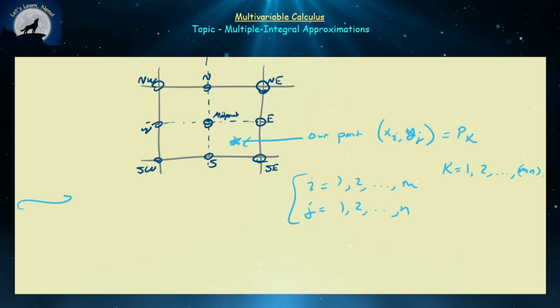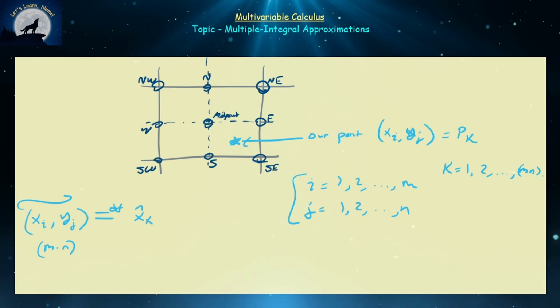So in terms of notation, let's assume that xi, yj is defined as a vector. Let's call it x hat k, so that's going to be representing some vector. And then let's assume that m times n is defined to be some other natural number, say capital M.